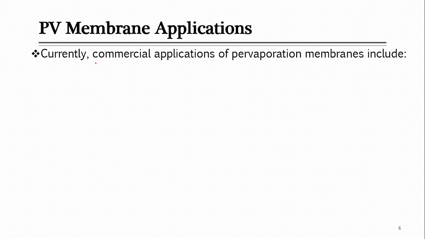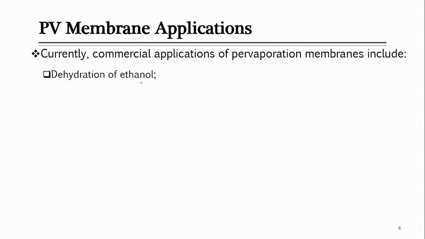The current commercial applications of pervaporation membranes include dehydration of ethanol. If you have to remove water from ethanol, when ethanol is produced it also contains water.